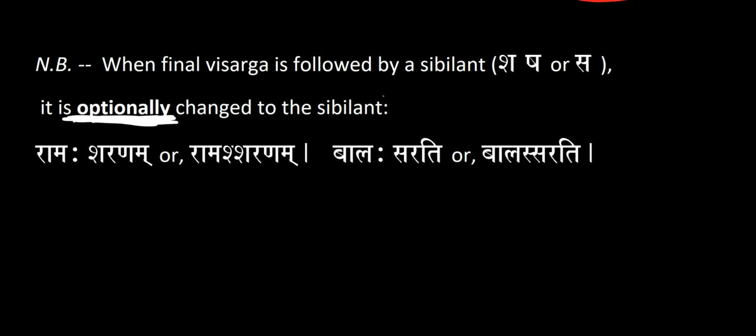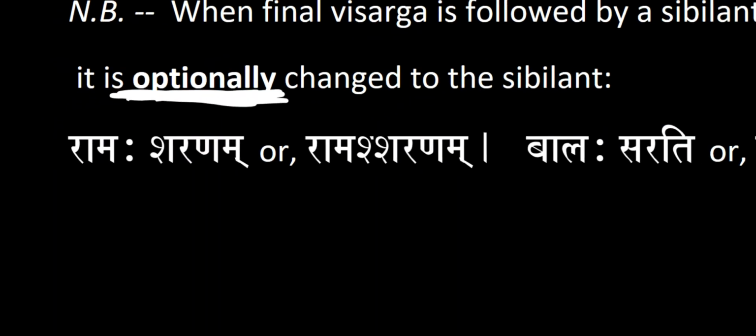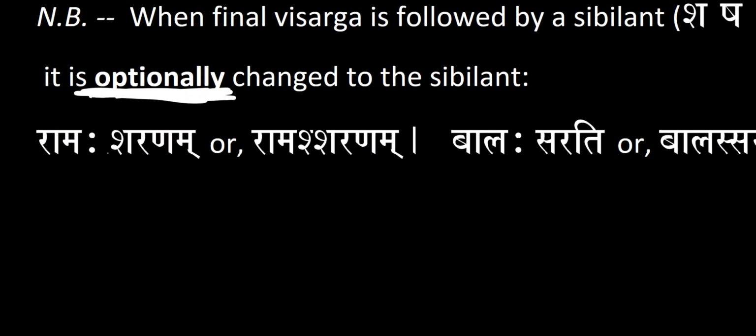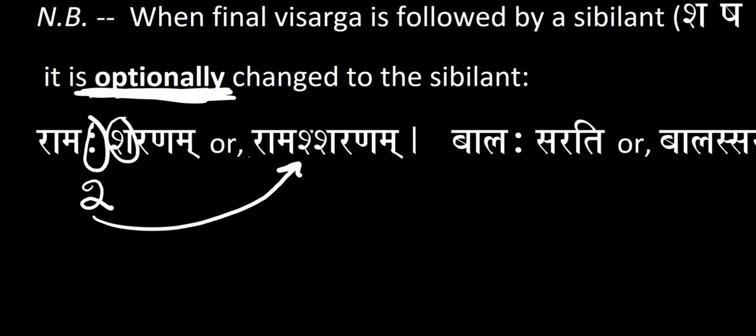So let's take a look at the examples. We have Ramaḥ śaraṇam, which becomes Ramaśśaraṇam. What happens is that this visarga, since it is followed by a sha, becomes a half sha, which you see right here.